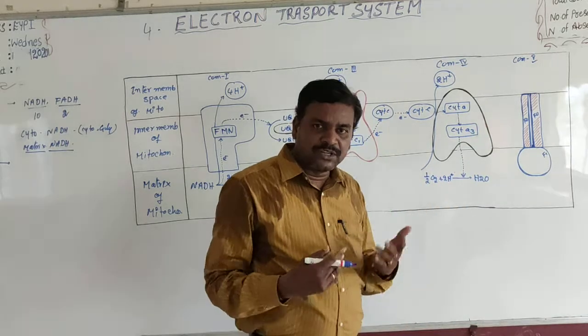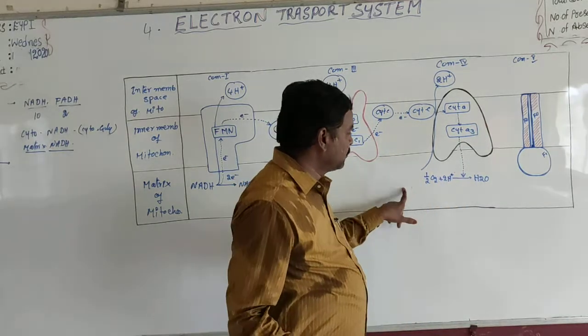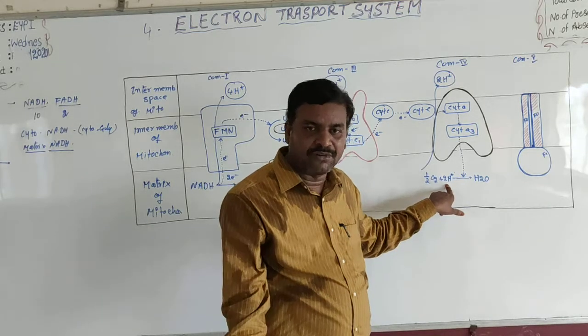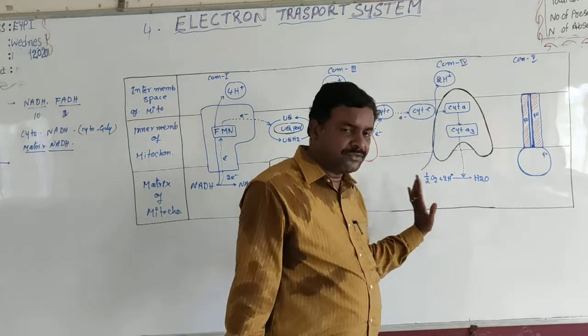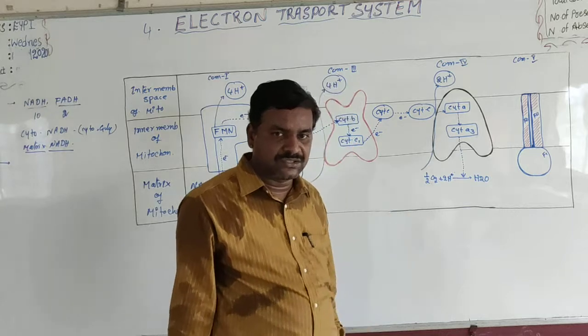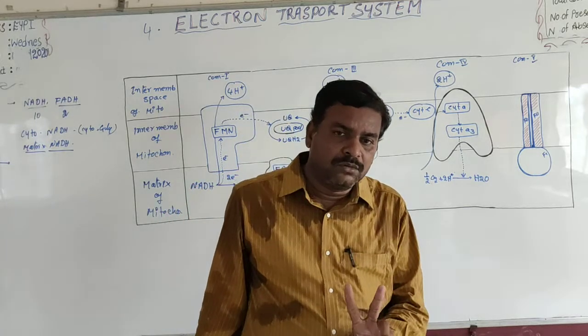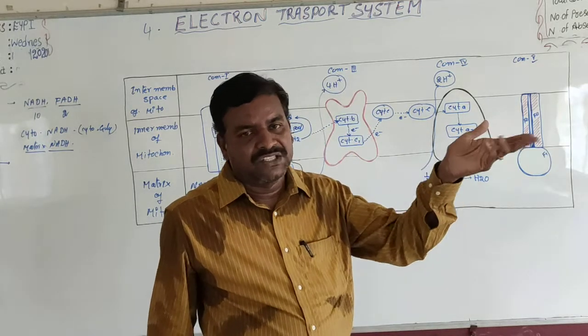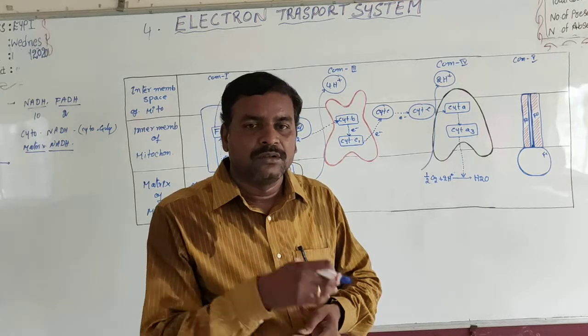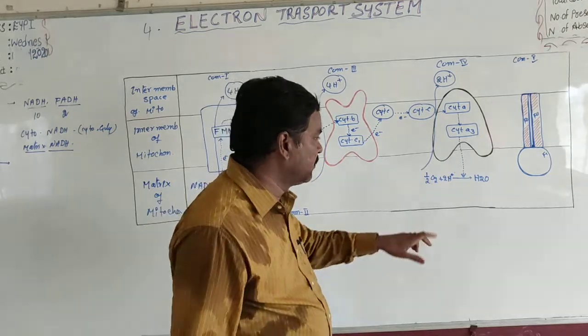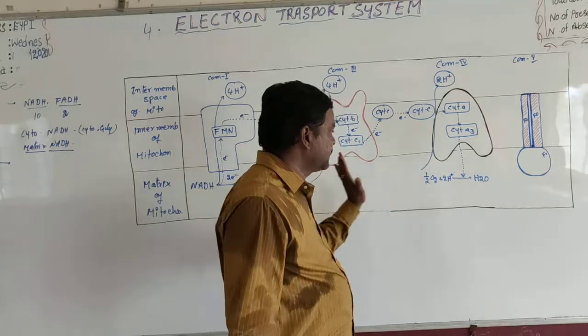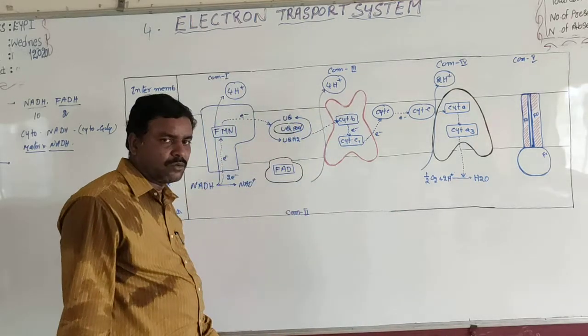And what about the remaining 2 H plus? The remaining 2 H plus are consumed in the reduction to water molecule. Here also 4 H plus are removed from the matrix, but 2 protons enter into the intermembrane space. The remaining 2 help in the formation of water molecule. That is the electron transport system.